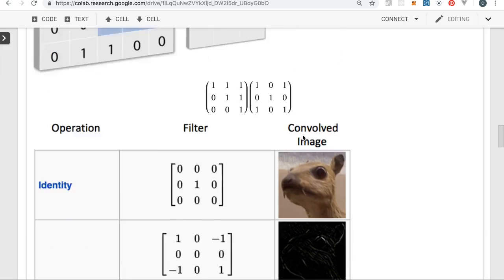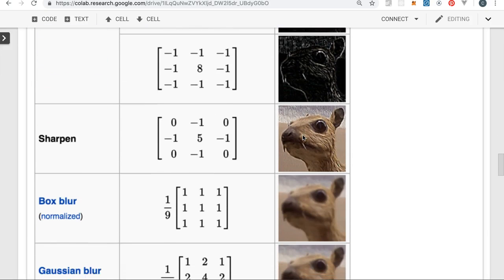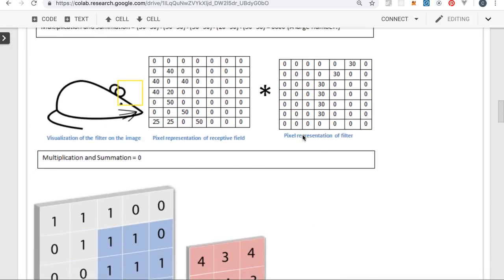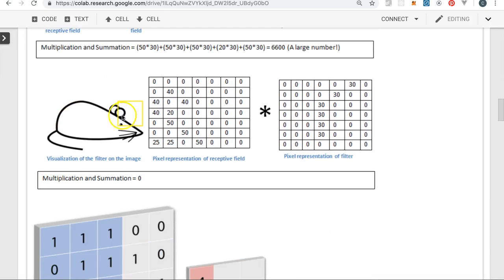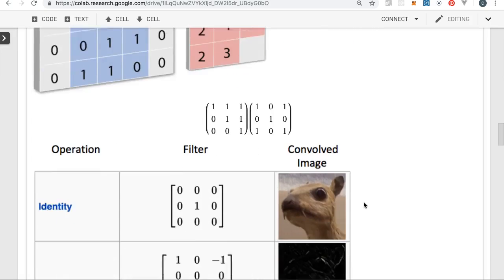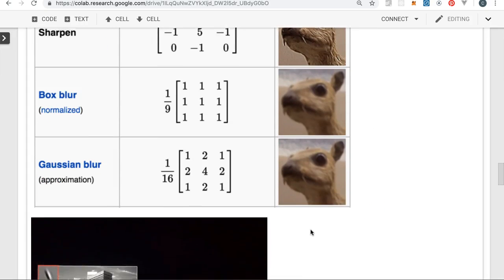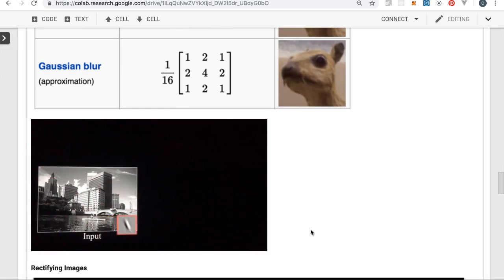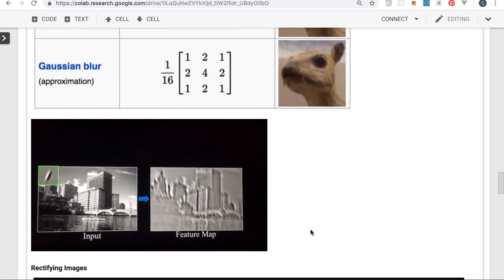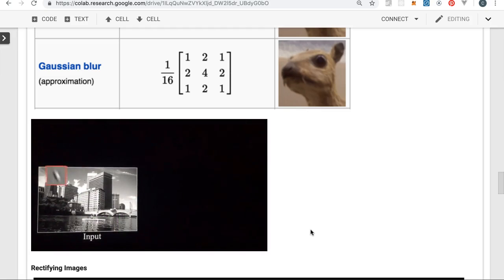Just as there's hundreds of these, thousands of these, being fired across this one specific image a bunch of times, trying to figure out what these features of this image that's labeled as a mouse would be. And so you can see that there's a handful of examples. And if we scroll a little farther, I'm going to show you an actual animation of this. So you can see that there's a red and a green box that's running across the image of this building.